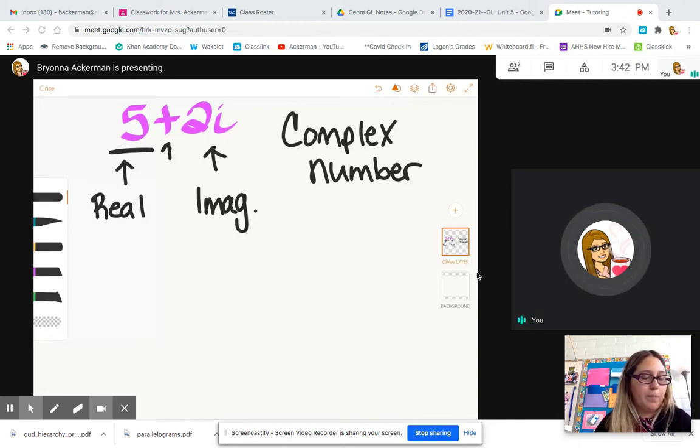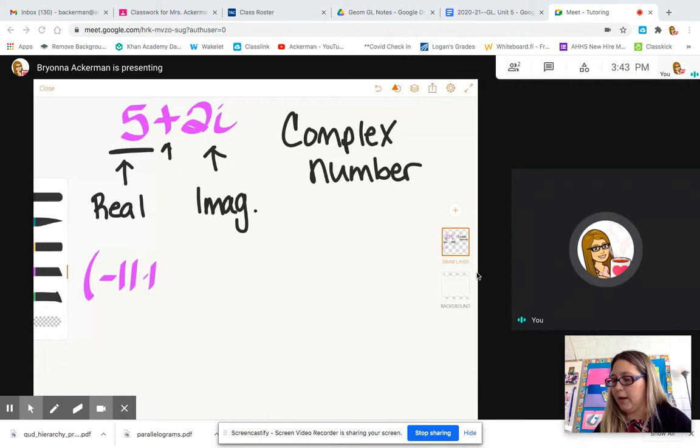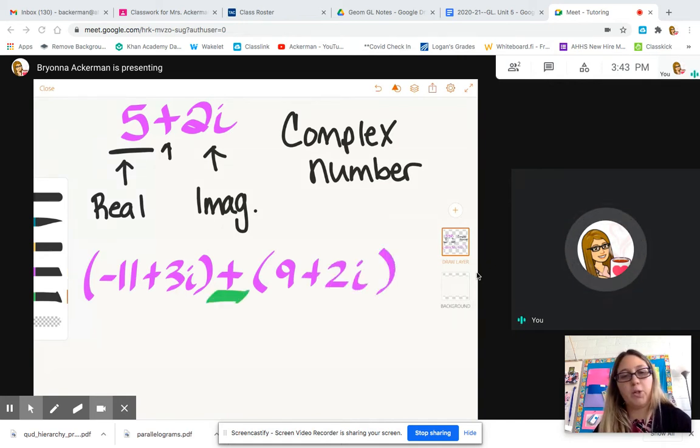So on the first part of the section on our notes, it says adding and subtracting complex numbers. Adding is the easiest. Let's look at number 1. We have negative 11 plus 3i, plus 9 plus 2i. With addition between two complex numbers, we can pretend that there's an imaginary 1 here if you want.